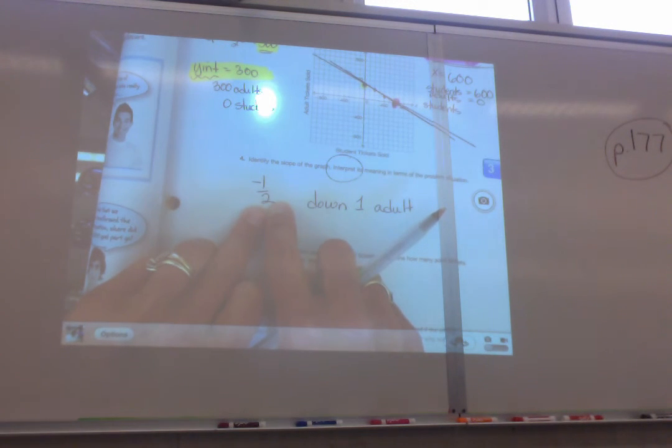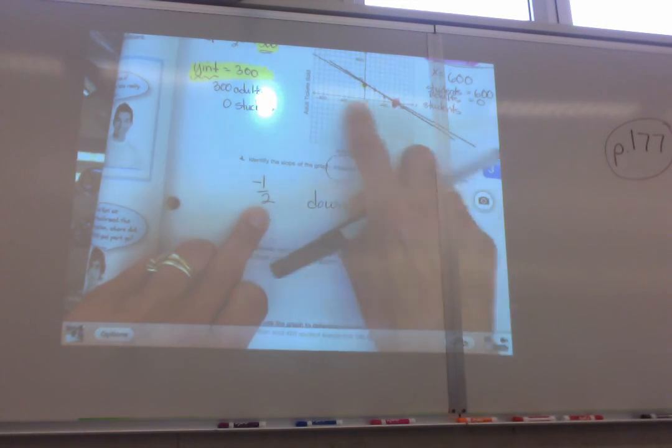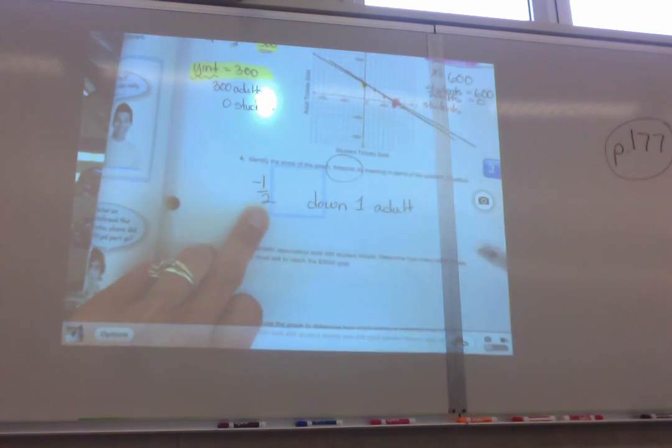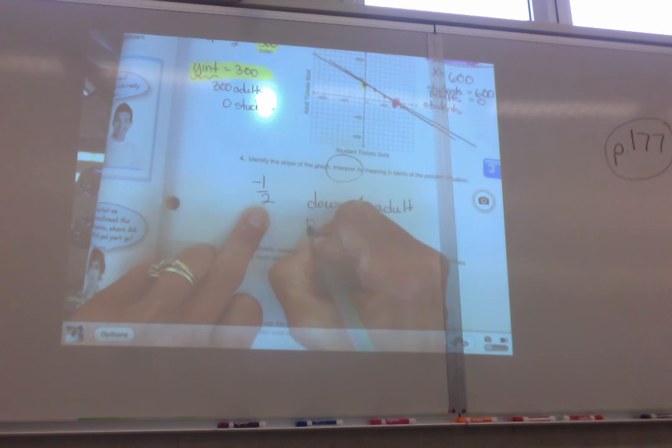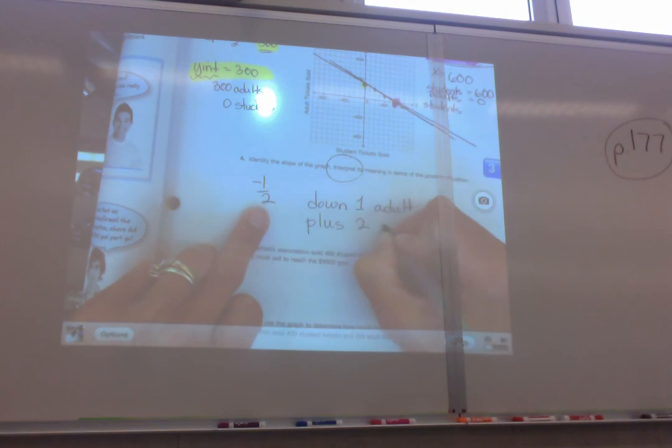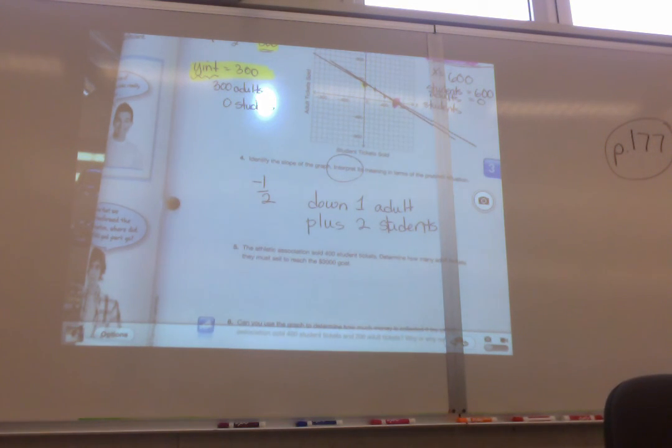2 students. The left and right are the students. Down 1 adult plus 2 students. Okay? So that means if I want to make money, for every adult that doesn't come, I have to sell 2 more student tickets.